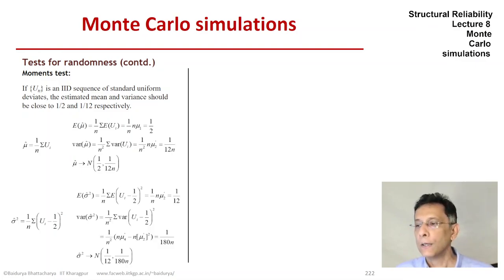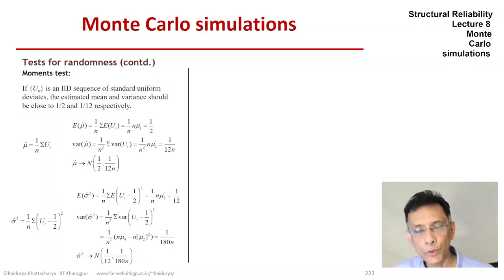Likewise, the estimated variance is also a random variable. Its mean is 1/12. Its variance can be computed to be 1/(180n), and we could likewise set up another test of hypothesis for the estimated variance as a normal random variable with mean 1/12 and variance 1/(180n).